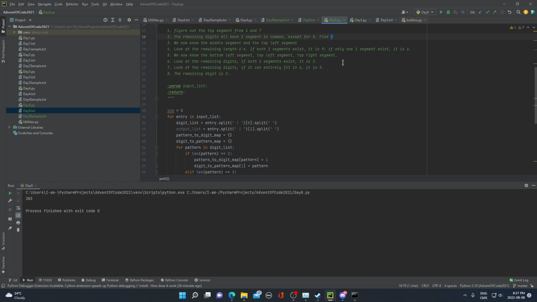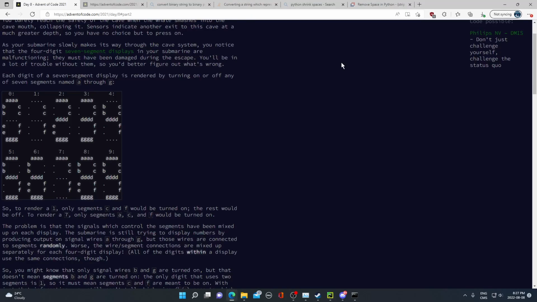I wonder if there's an easier way to do this with set. You can also just check if they're length 6, 2, 3, 4, 5, 6.